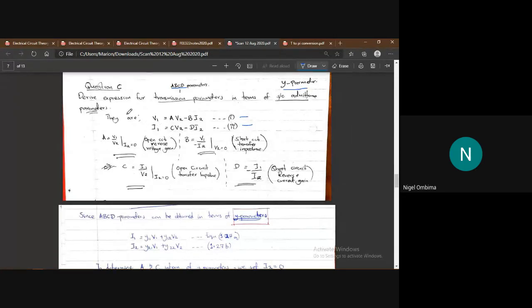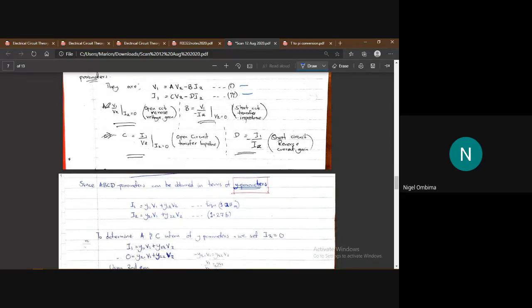These are the parent equations for ABCD parameters, whereby V1 is equals to AV2 minus BI2. I1 is equals to CV2 minus DI2. So for A, it's just like the way we did for Z parameters, V1 over V2, whereby I2 is 0. Now, you can notice it's input voltage over output voltage.